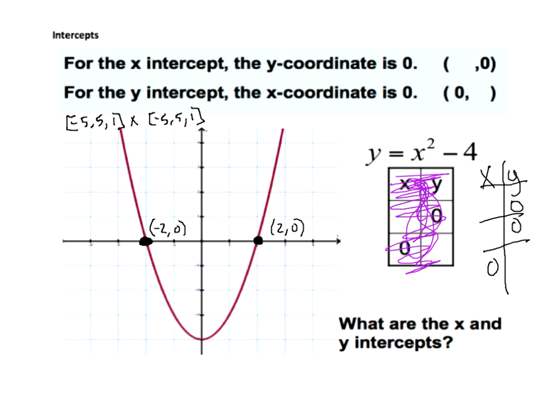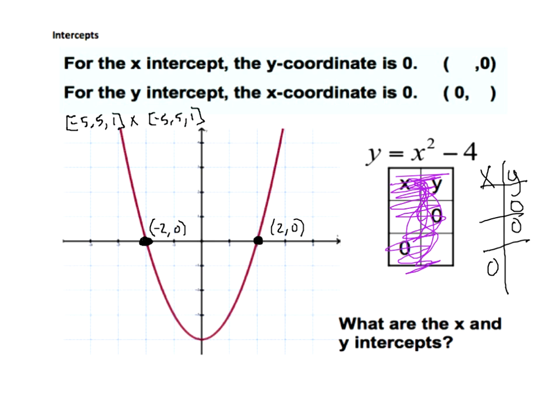So my first question to you would be, what do you notice about the coordinates of the points that are X-intercepts? Okay, I see nobody wants to speak. I'll just tell you what you should notice.